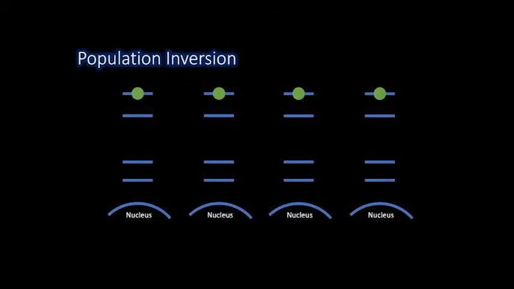The way that we get this to work is by creating a population inversion. This means that the majority of electrons in the material creating the laser are in a metastable state. There are lots of different ways to do this, but one of them is by using electricity to provide the energy. After a population inversion is achieved, a phenomenon called stimulated emission takes place.